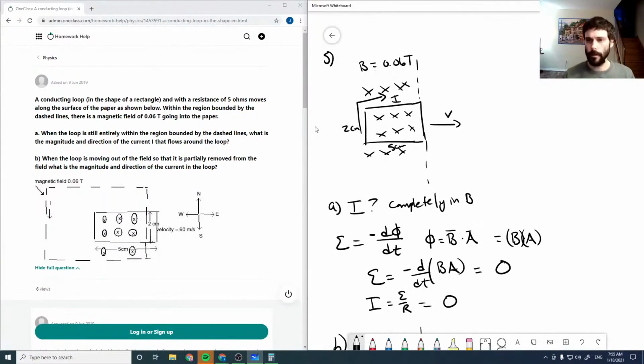Point our fingers in the direction of the current, at least on this loop here, and our palm facing the direction of the B field, and our thumb will point in the direction of the force. We know the direction of the force should oppose the change in flux, so it should try to move it back into the B field. And so our net force is going to be to the left. So that makes sense.